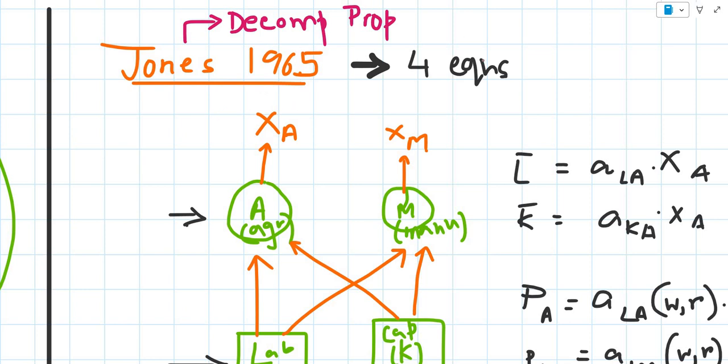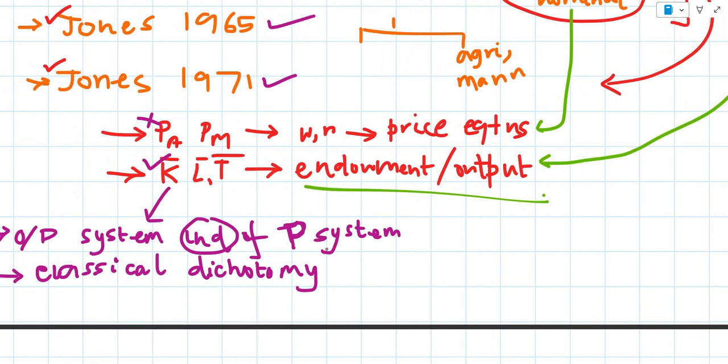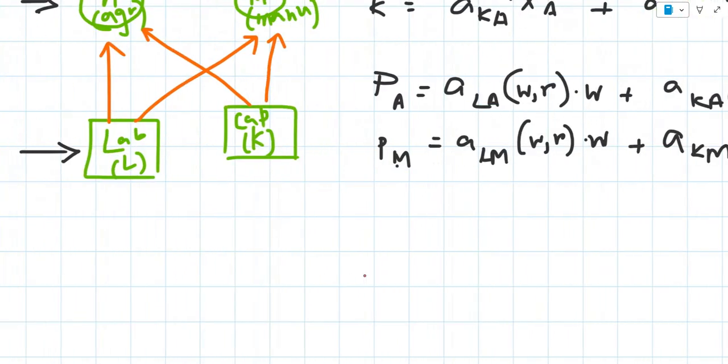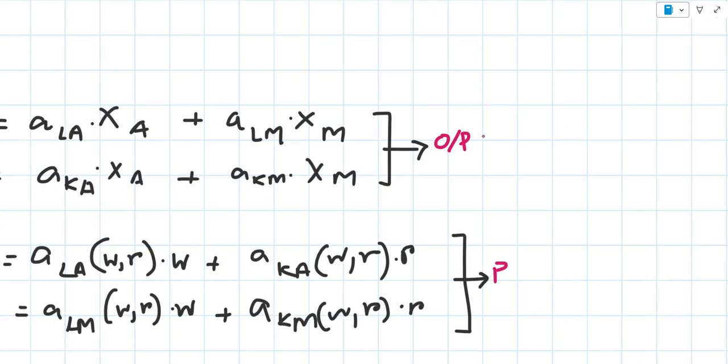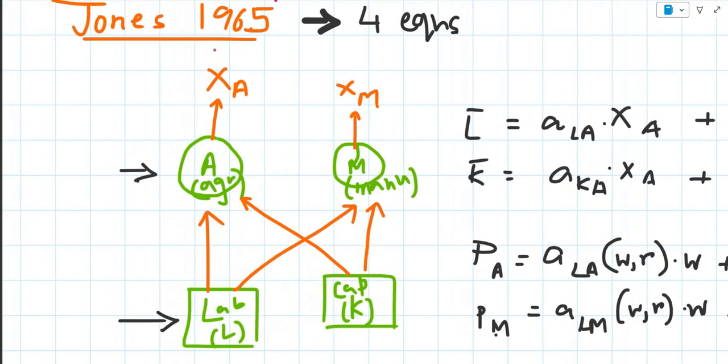Well, yes, but it's a general property. We are basically trying to see if the decomposability property is holding in the Jones 1965 model or not. The property is essentially that the output system is independent. So is the output system independent of the price system? That is what we are trying to find out.